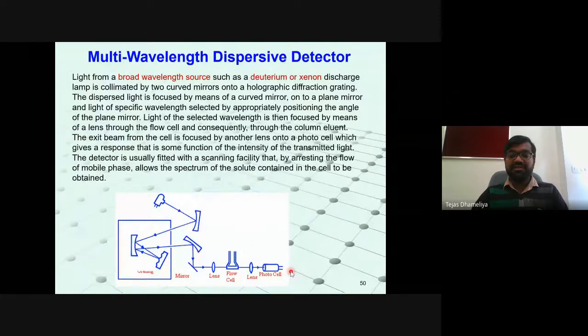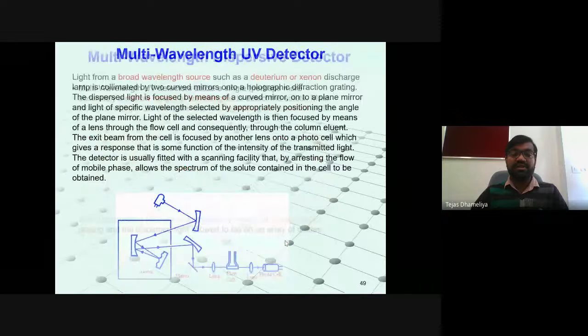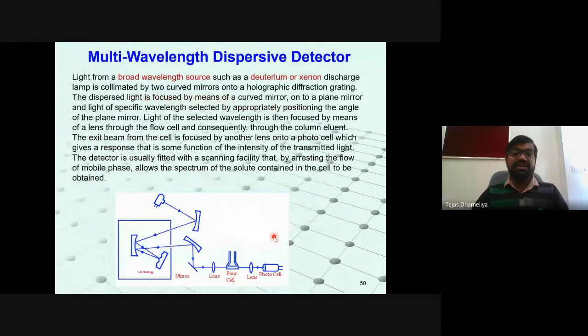The photocell unit then gives direction to the radiations. Several kinds of gratings and mirrors are used in dispersive detectors. The holographic grating is used for dispersion, which allows light to fall on the area of several diodes.